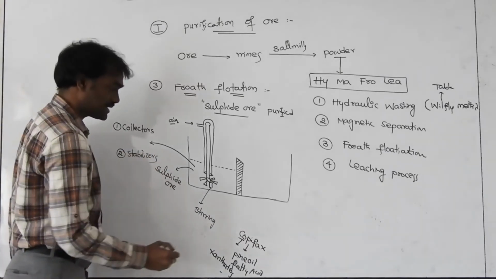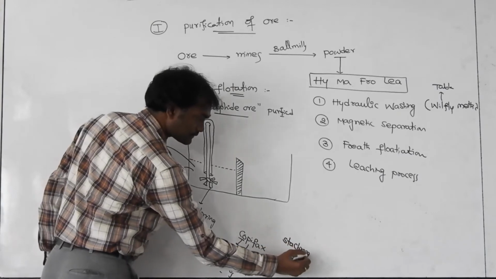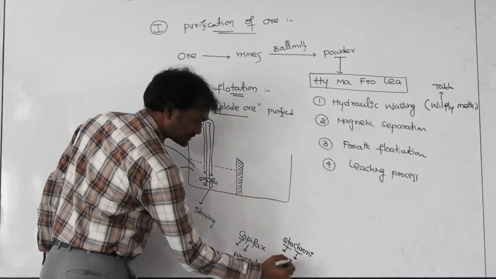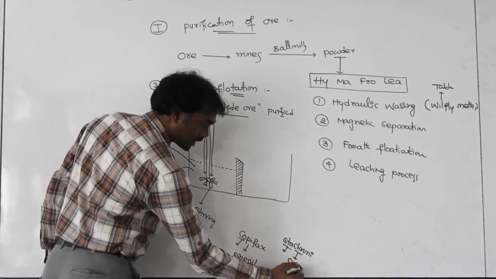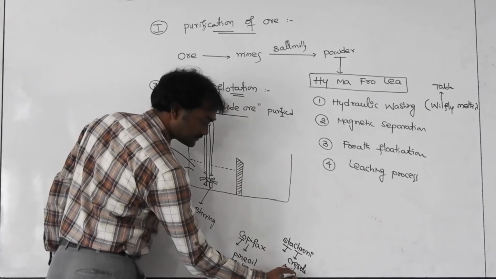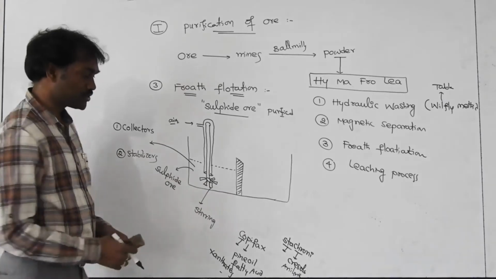Next, there are stabilizers. What are stabilizers? Cresols, organic substances, cresols and anilines. See what happens to this.